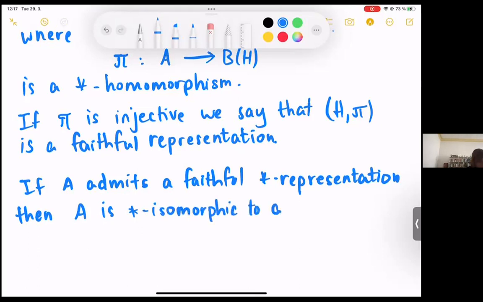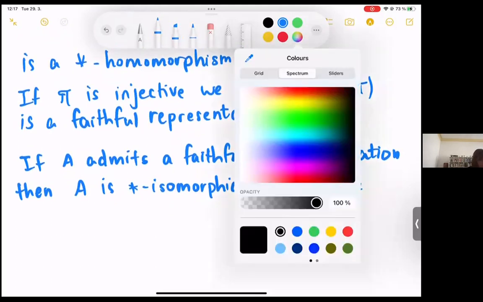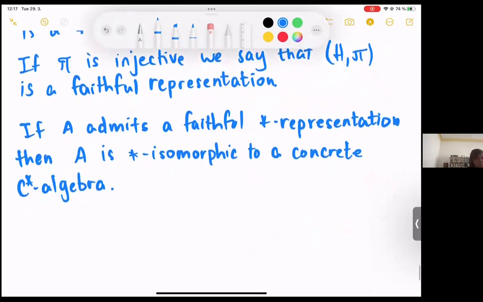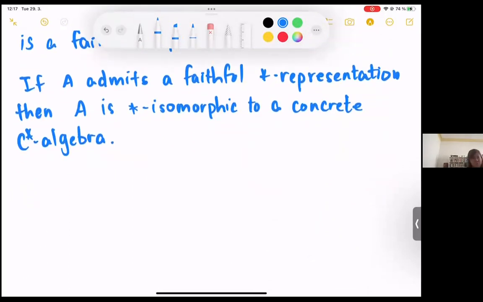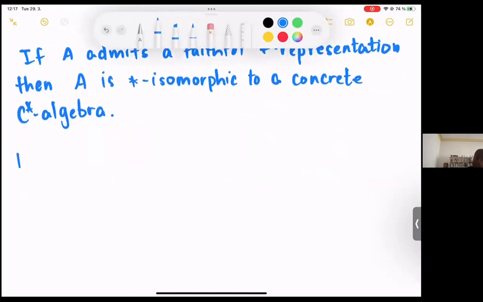Recall that a concrete C-star algebra was just any closed subalgebra of B of H, closed under the star, of course, as well. Okay, so let's construct some representations.